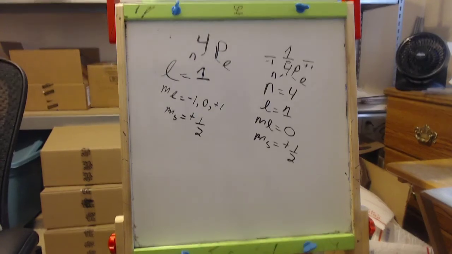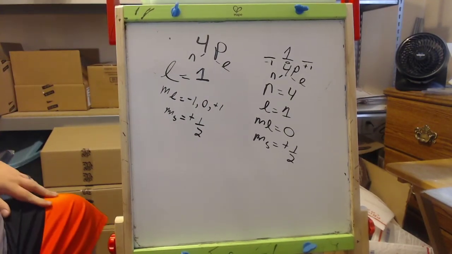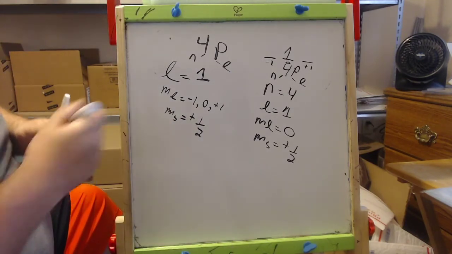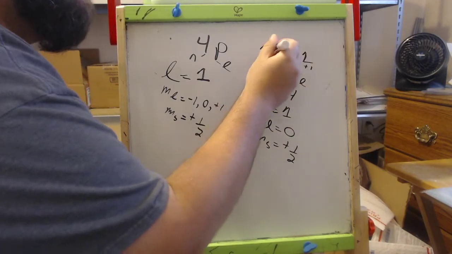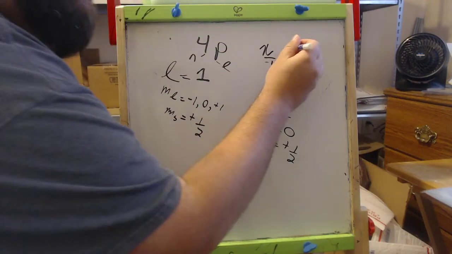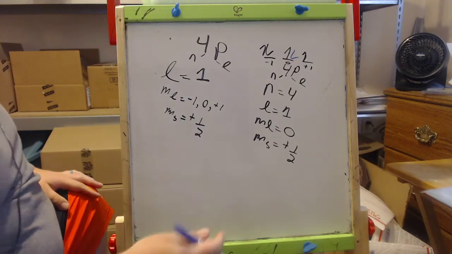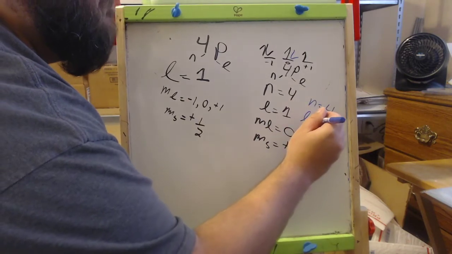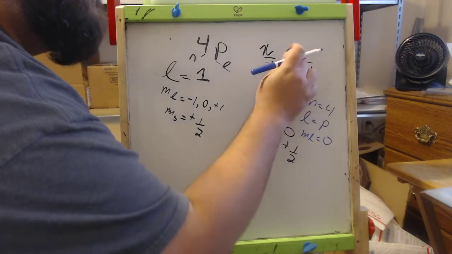It's on you, Vaughn. It's on you to say whether it's plus a half or minus a half. So let's say, for instance, if there's only one electron, you call it. But let's say there were 2 electrons, the black electron and the blue electron, and I want to know the quantum numbers for the blue electron. Well, it's still on the 4th level. It's still in the P. It's still in the m sub L of 0. It's still sitting in that orbital.